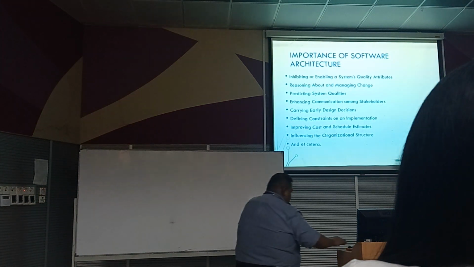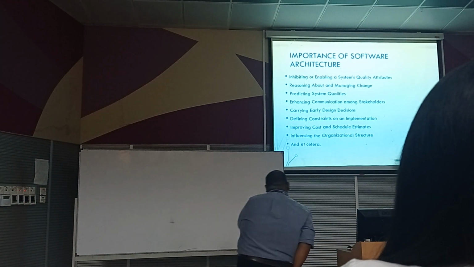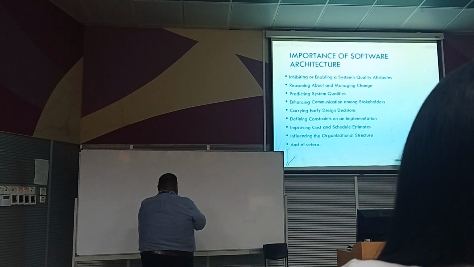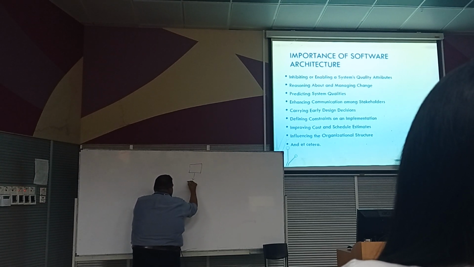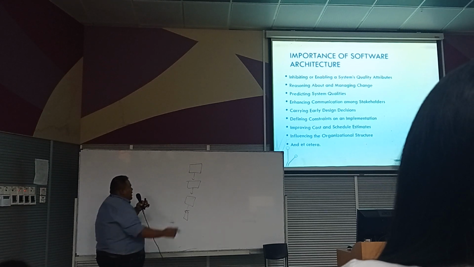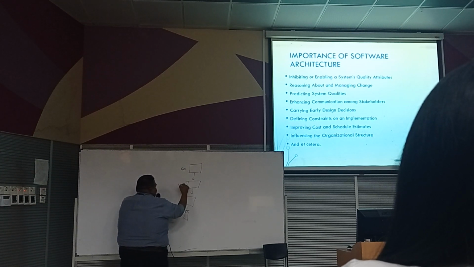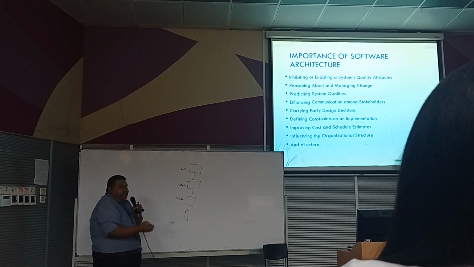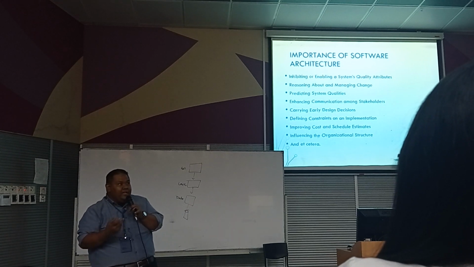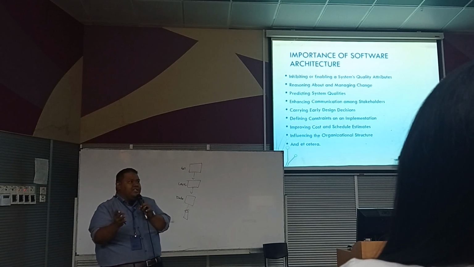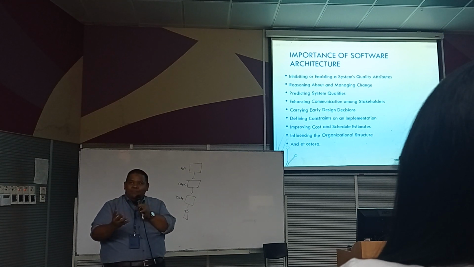For example, let's say I choose a 3-layer architecture. Now I know this is my GUI, this is my logic, this is my data. Every time I want to discuss with my team what changes we can make, the discussion can be divided into sections. It will not be just a random discussion.